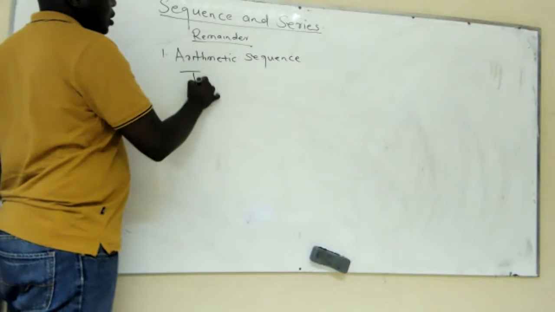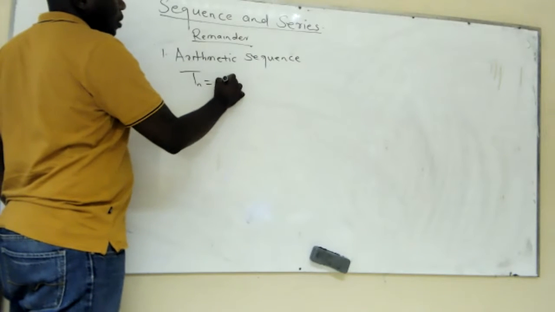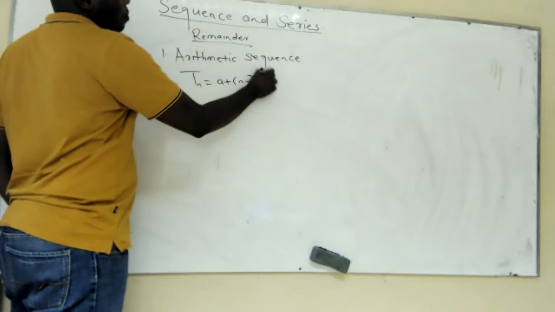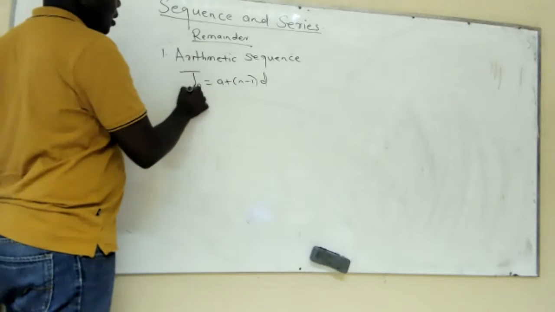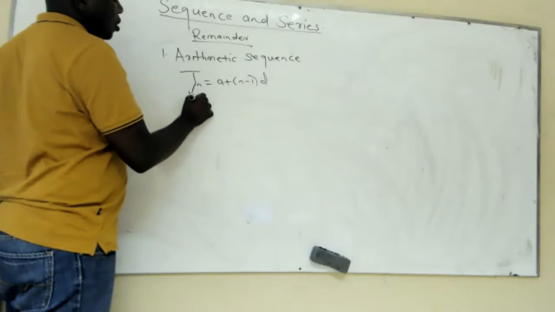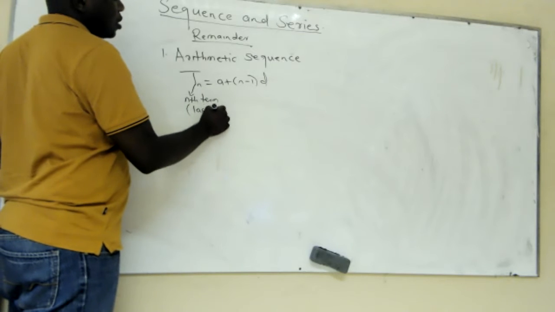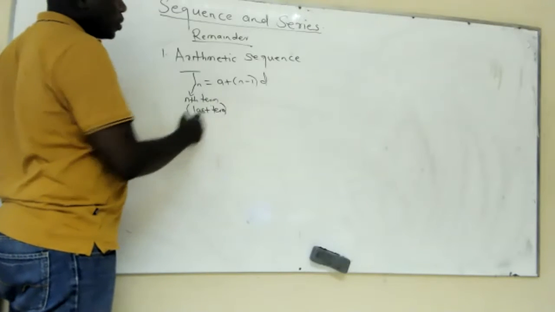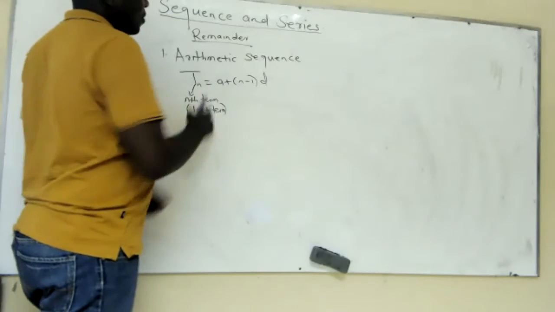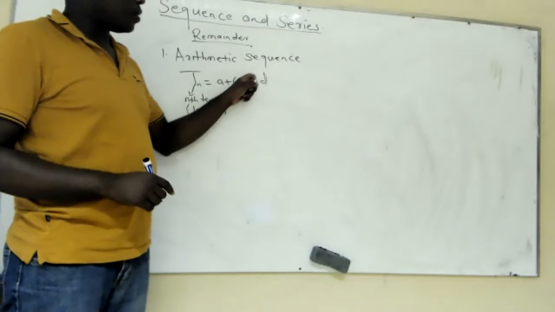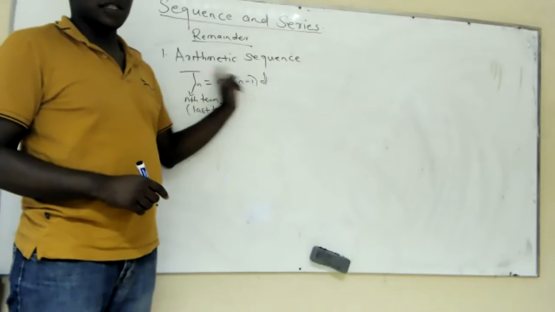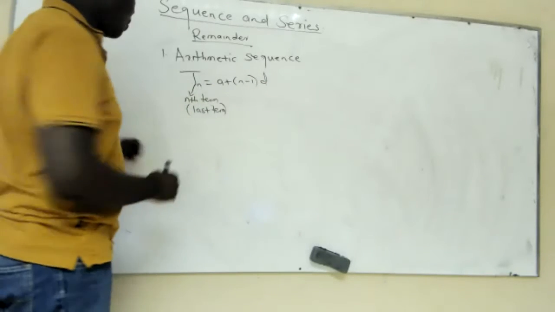So it's T sub n, which is equal to a plus (n minus 1) multiplied by d. Tn is the nth term or the last term. Some usually call it the last term of the sequence. And then a is the first term, n is the number of terms, and then d is the common difference. So you must not forget this, it's very important.